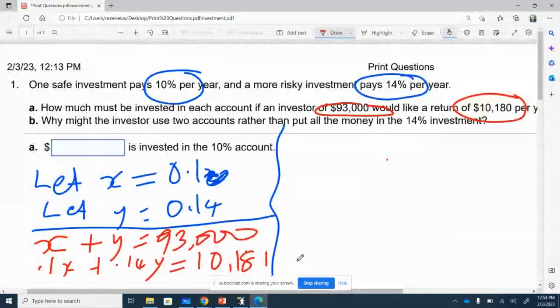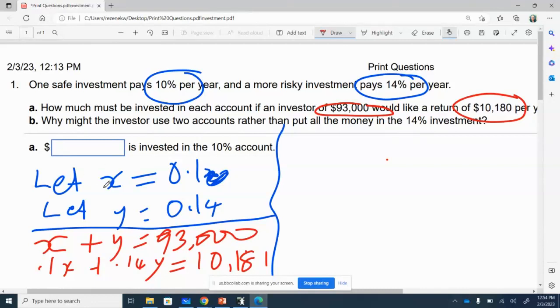Okay, so we said that this is another investment question that looks like what we just did. The rates of return for this one are 10% and 14%. The higher the rate of return, the riskier the investment, so you've got to be careful.